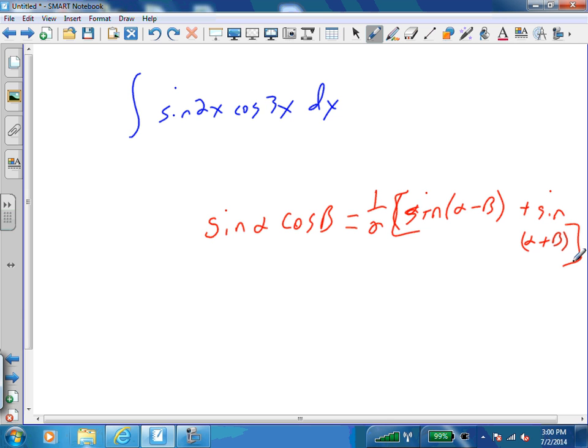So if we have sine of two different angles, we could write this as the integral. We could bring our 1/2 out front and call that sine of the difference of those, 2x minus 3x, plus sine of the sum of those.